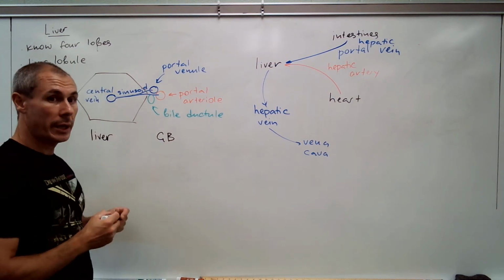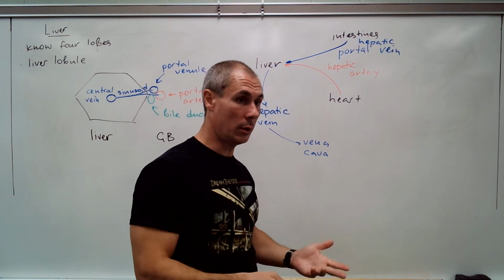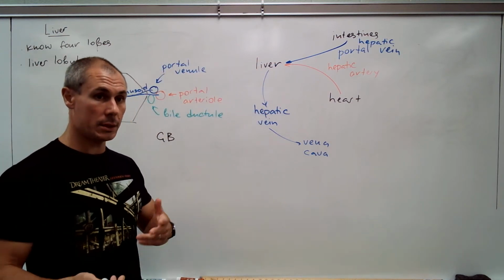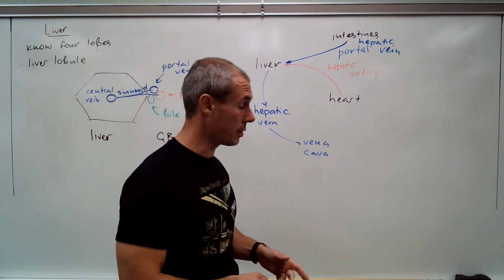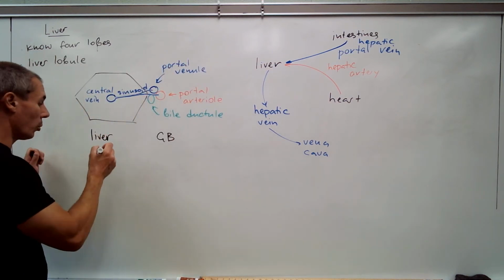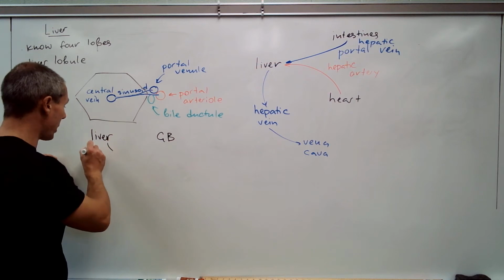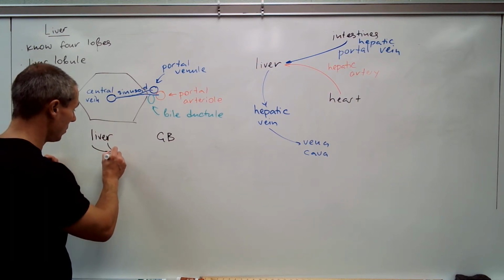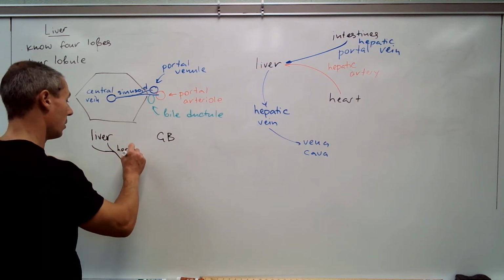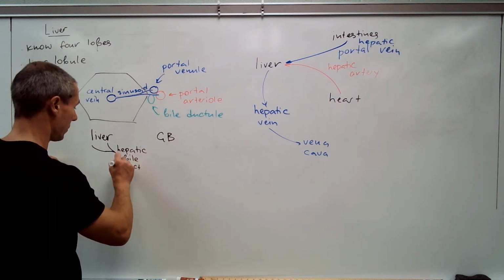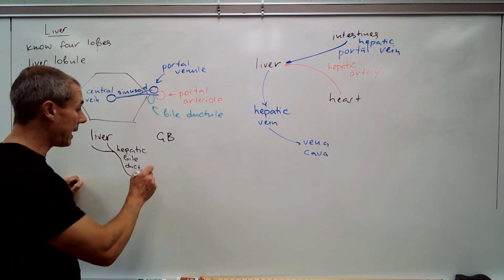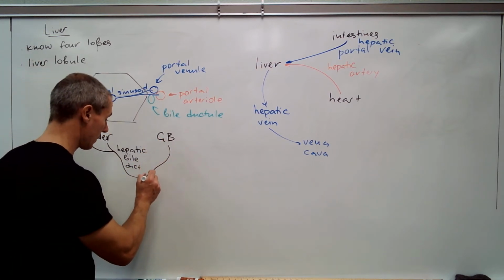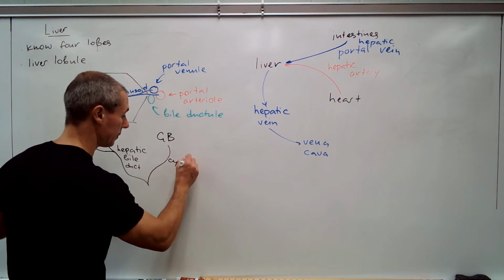The liver has 4 lobes, large right, smaller left, and then very small caudate and quadrate lobes. They all produce bile, and the bile drains into the hepatic bile duct, okay? The gallbladder is connected to the system via the cystic duct.